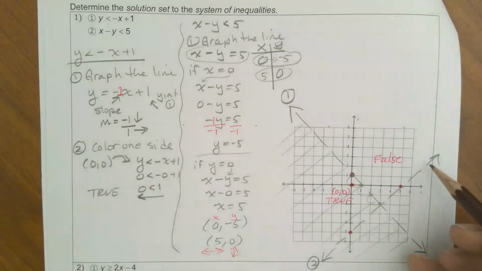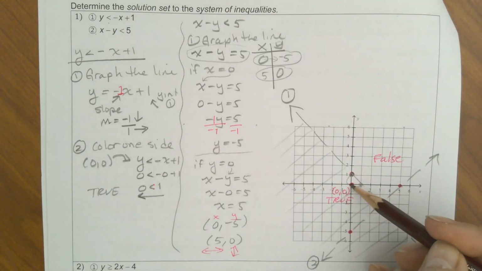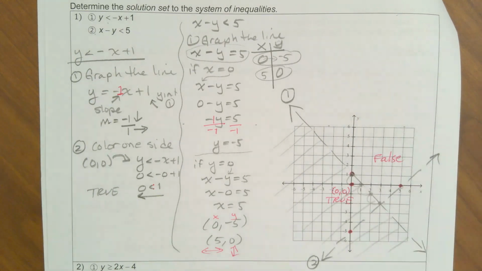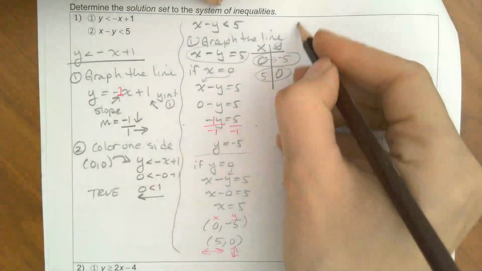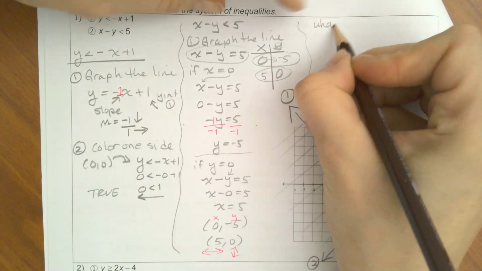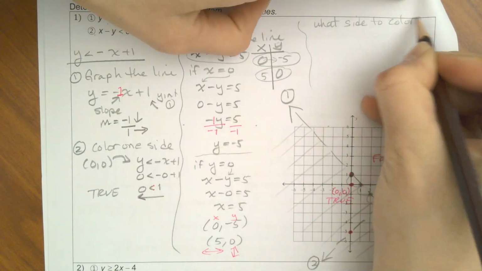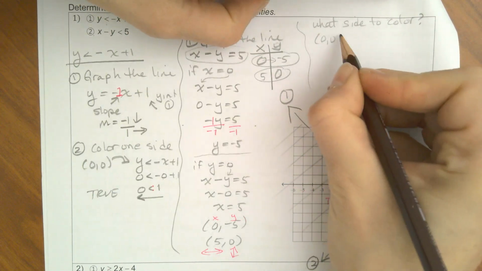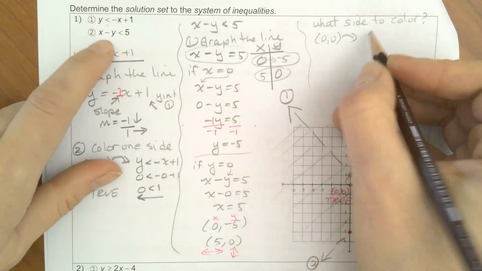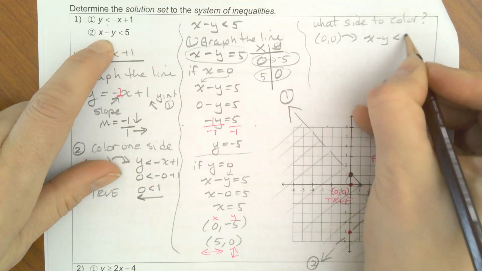Okay, so I'm going to pick the easiest point again, 0, 0, and substitute it into our inequality to see what side to color.